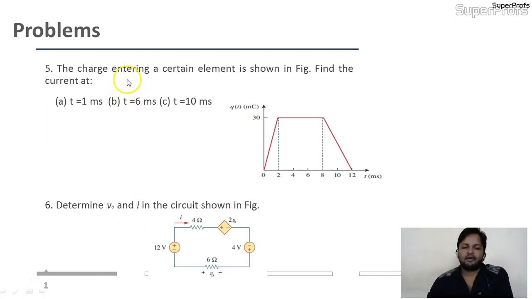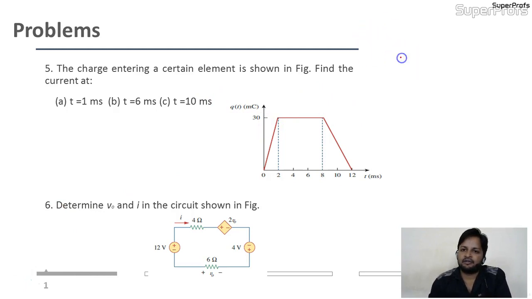Come to this now. The charge entering a certain element is shown in the figure. Find the current at t equal to 1 millisecond, t equal to 6 millisecond and t equal to 10 millisecond. See friends, they have given the value of charge. So we should know first what is the relation between charge and current.